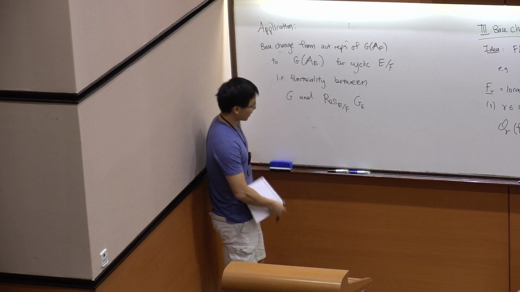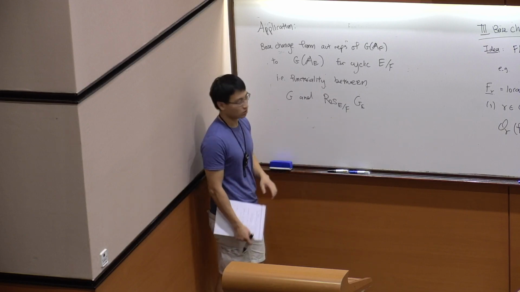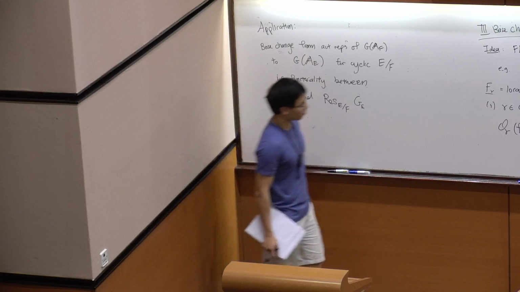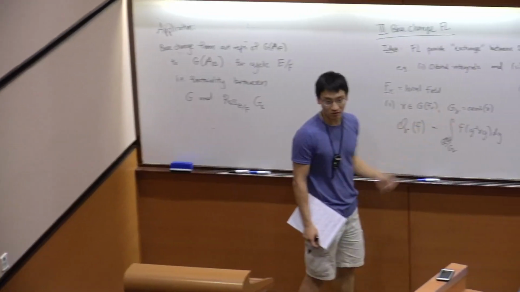You expand out the geometric sides, and on one side you get orbital integrals, and on the other side you get twisted orbital integrals, and you better have a way to convert between them if you want to show that they're equal.